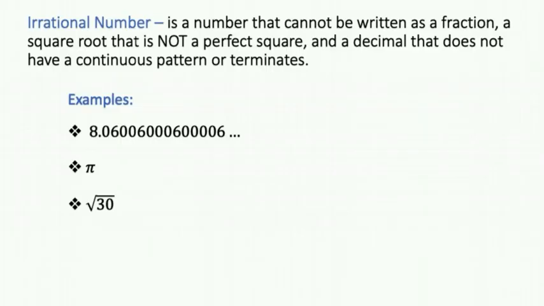So an irrational number is a number that cannot be written as a fraction, a square root that is not a perfect square, and a decimal that does not have a continuous pattern or terminate. So here we have some examples of irrational numbers, and I'm going to go through each one. So here we have 8.060060006, and so on. We notice that this does have a pattern, but it does not have a continuous pattern.